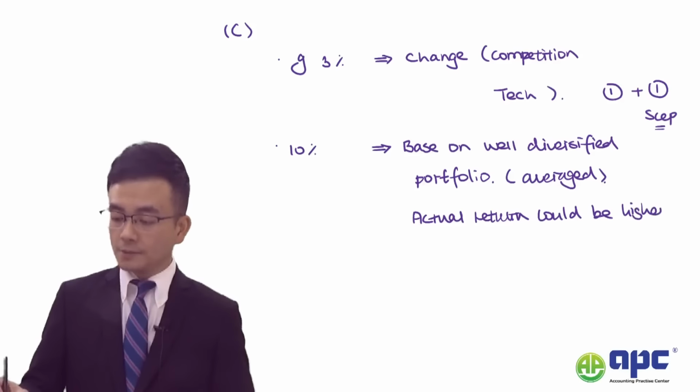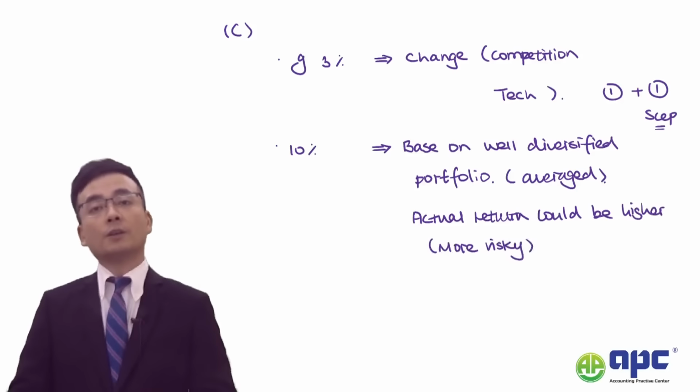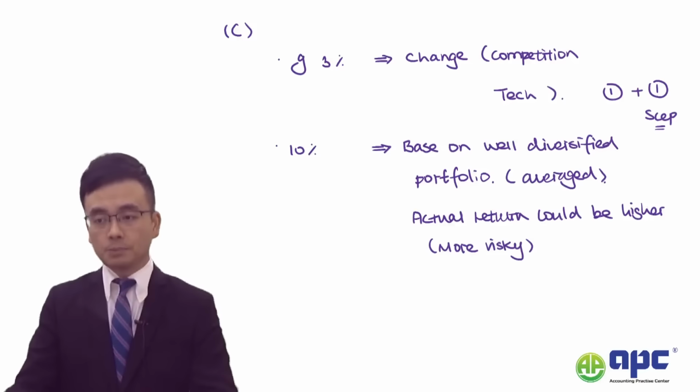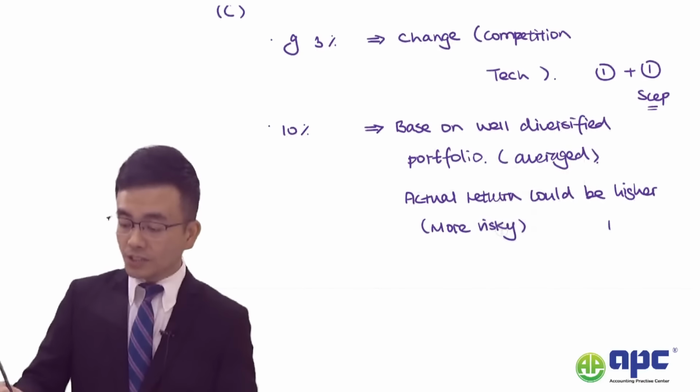Perhaps it's more risky for this one, because the average 10% required return may not be for this particular project, for example. All right. Well, you can get 1 technical mark here.